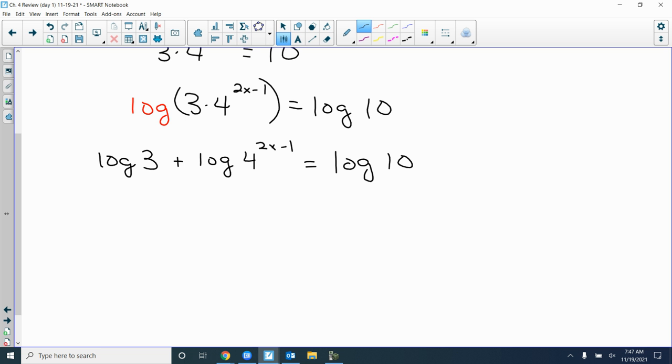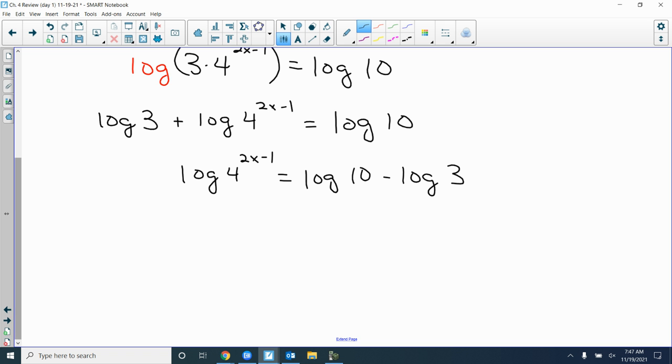Subtract log of 3. I'm going to do a couple steps at once. Subtract log of 3, so I get log of 4 to the 2x minus 1 equals log of 10 minus log of 3. Now this 2x minus 1 has to go out in front.